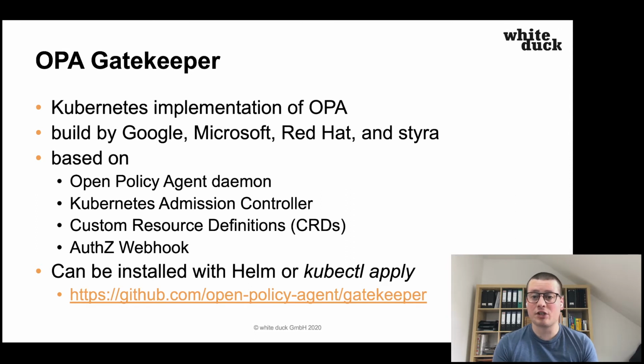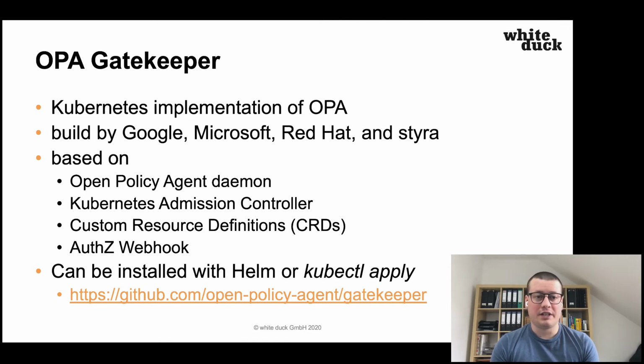It brings the Kubernetes admission controller and custom resource definitions. Custom resource definitions are used to either define configurations for OPA itself, as well as define our policies and template policies. And then we also have an authorization webhook in place, which allows us to inject our policies and deny a creation of a resource if the policy is not met.